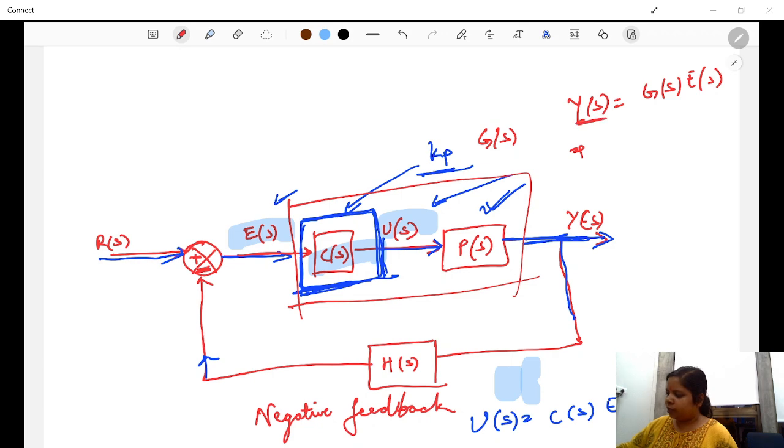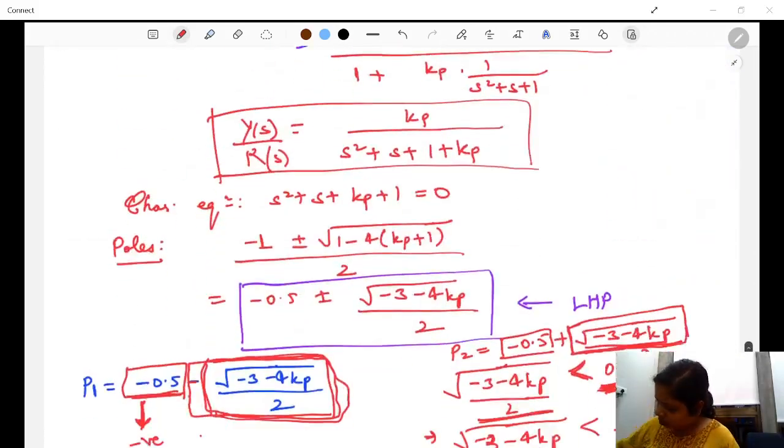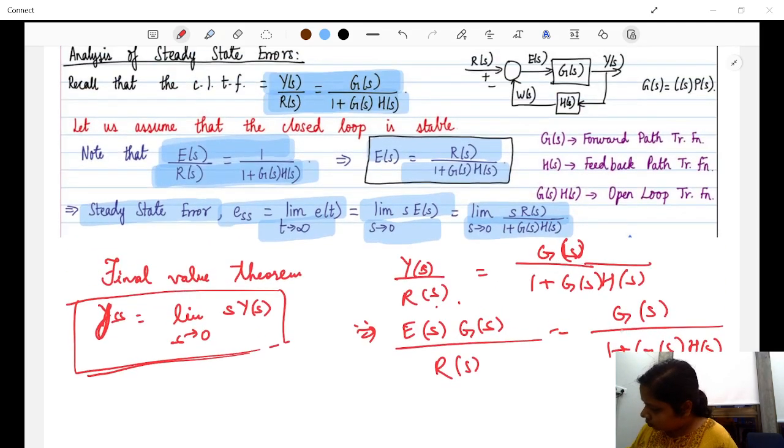So when you write Ys upon Rs, here I have replaced this Ys by Gs into Es. That is why this has come. So I have written Es into Gs as this quantity.